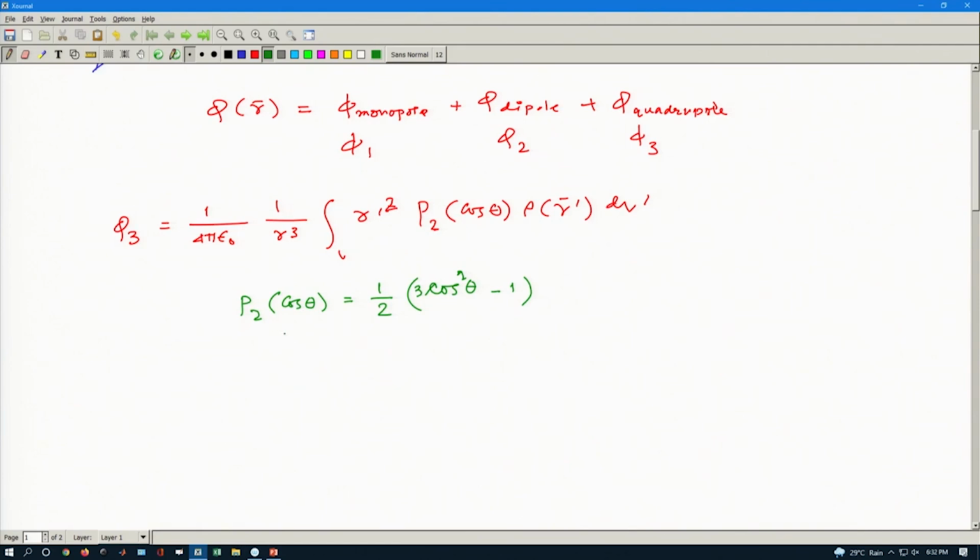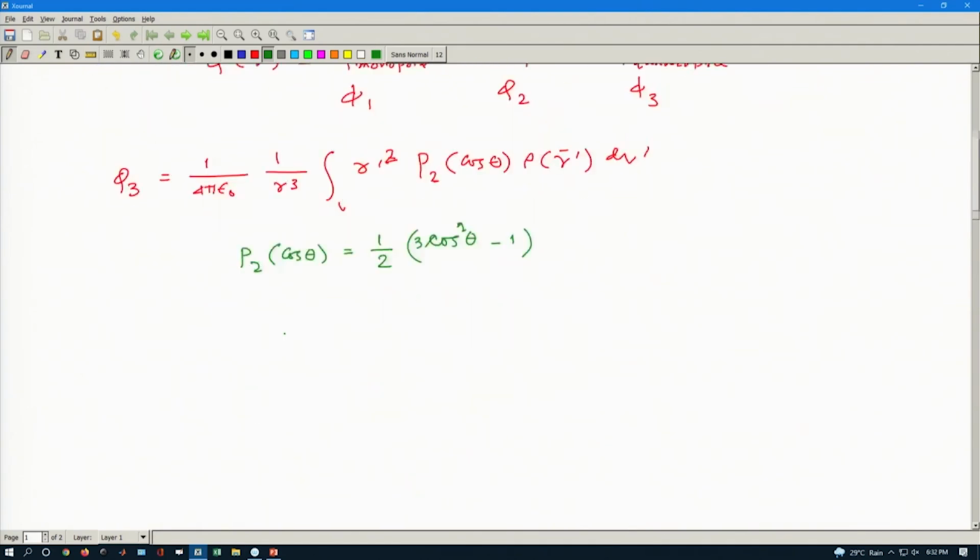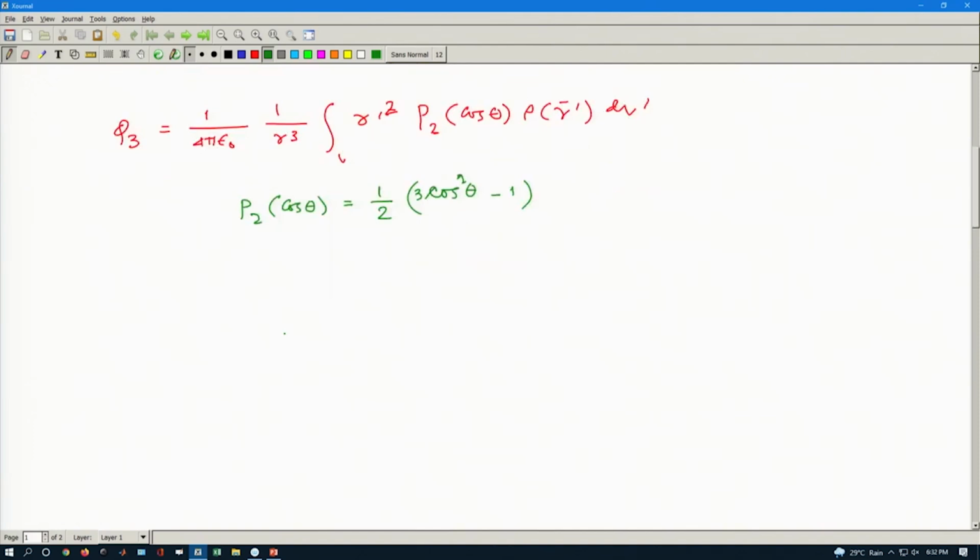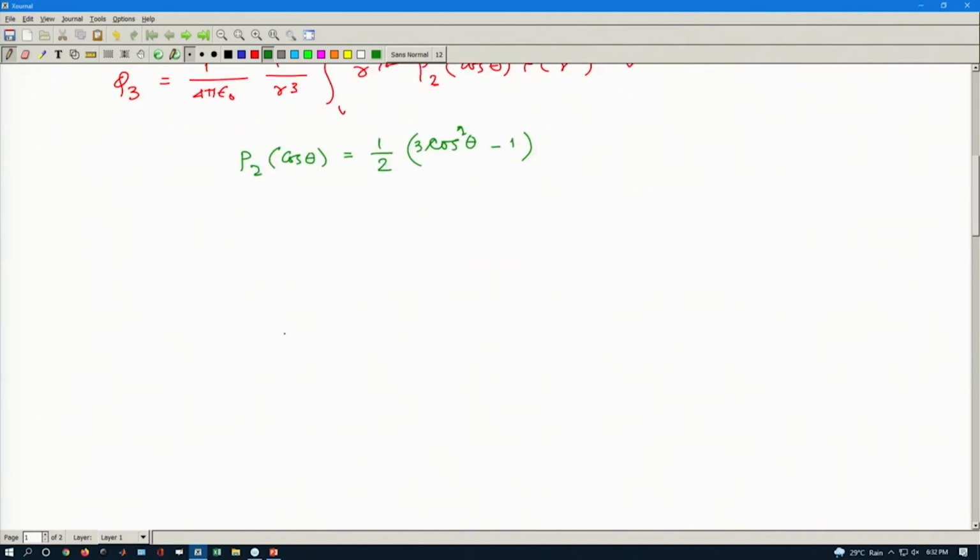Let me simplify a few things. So my phi 3 is 1 by 4 pi epsilon naught, and then 1 divided by 2 r cube, integration of r prime square times 3 cos square theta minus 1.